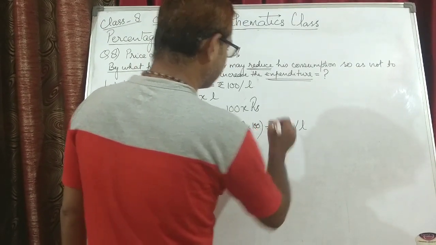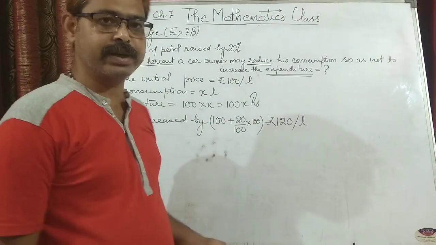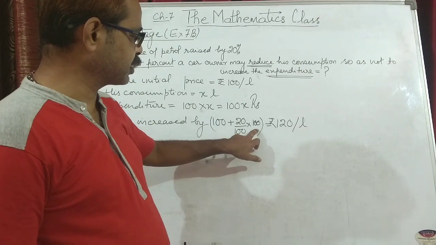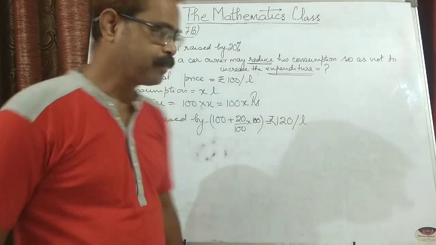The price of petrol has increased by 20%, so 20% of the original price is 20, plus 100, that is 120 rupees per liter.